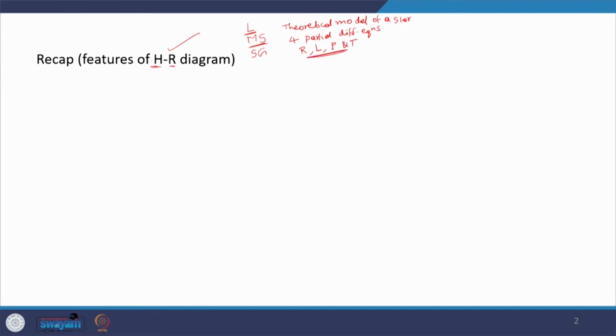These equations describe the structure of a star as a function of the distance from the center and also as a function of time. The time sequence of such solutions represents an evolutionary track in the HR diagram.